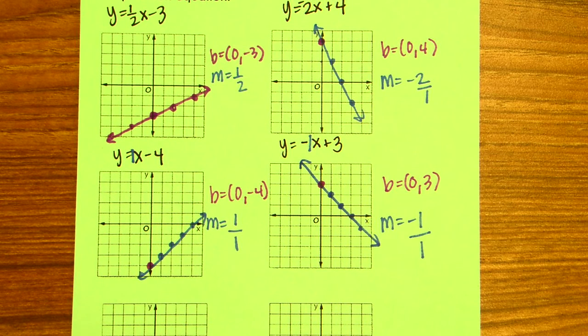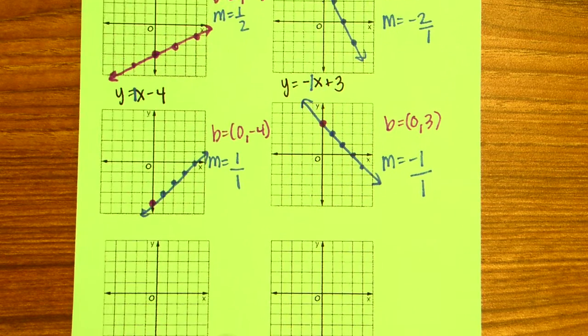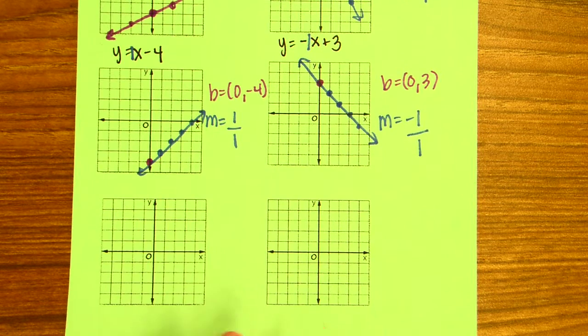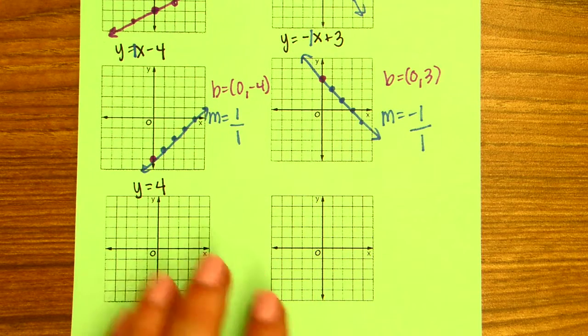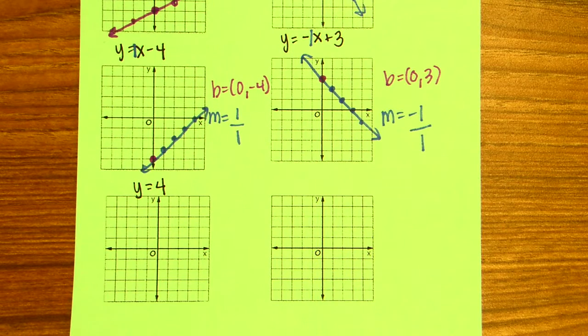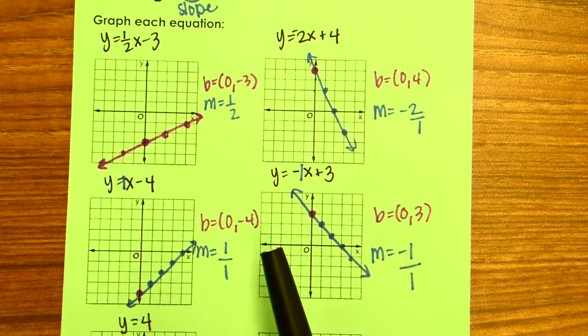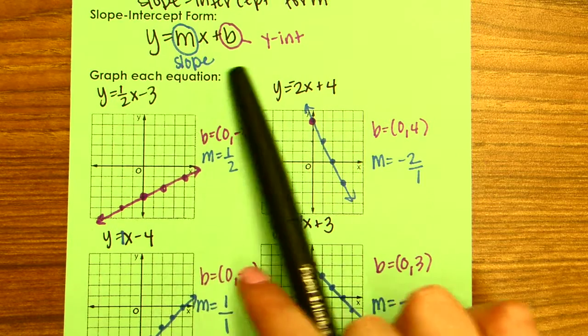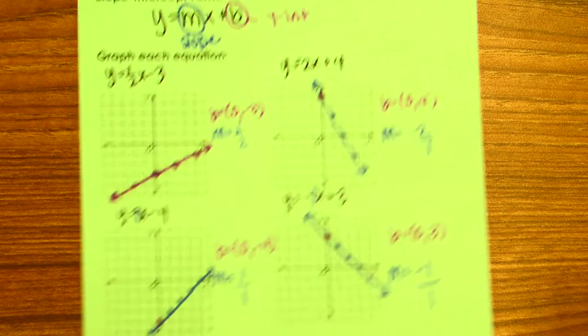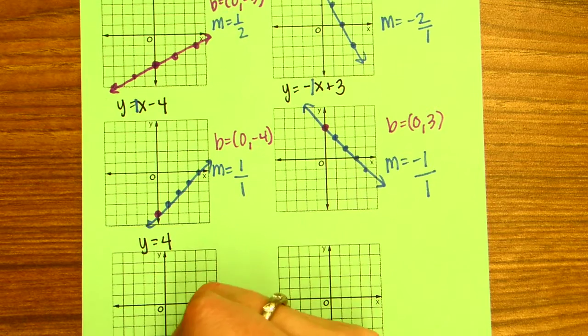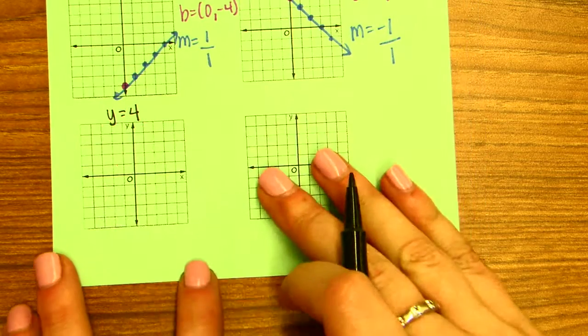Okay, for my next one, I'm going to do y equals 4. This one's a little bit different because it's not exactly in this form up here. But I can put it in that form because I could say 0 times x is 0.